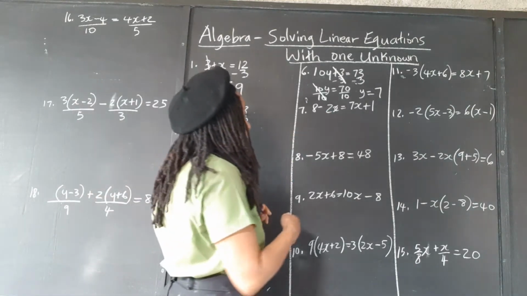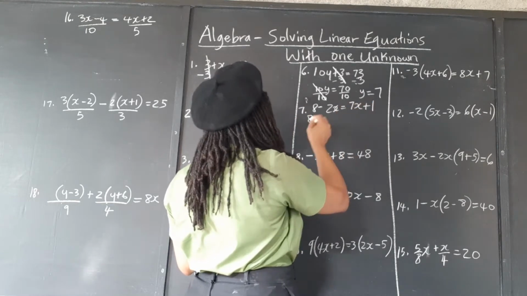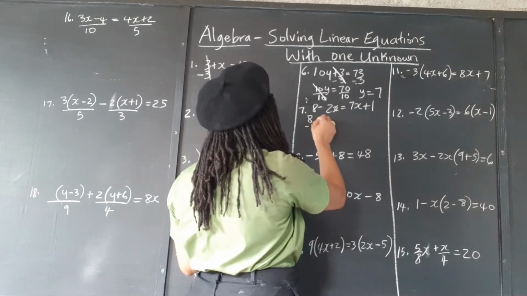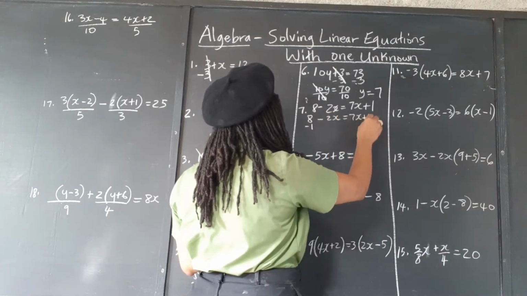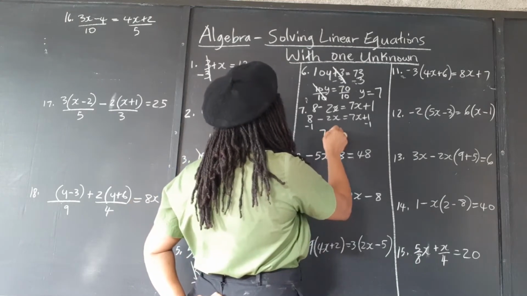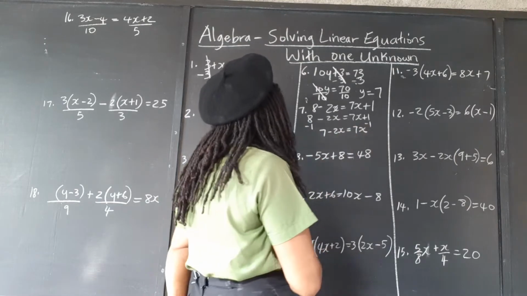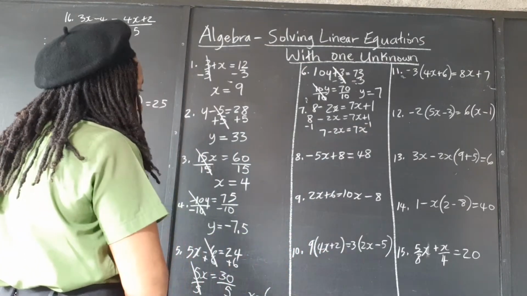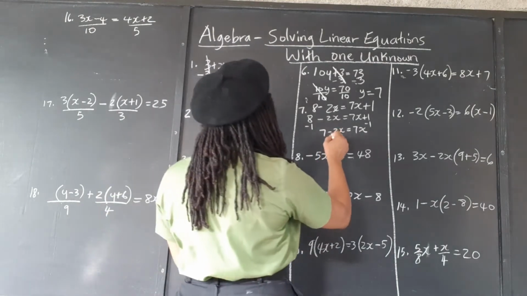So I'm going to take 1 from both sides. Alright, so I'll end up with 7 minus 2x equals 7x. And then I'm going to divide by negative 2x.